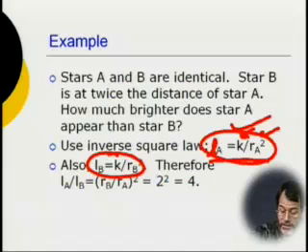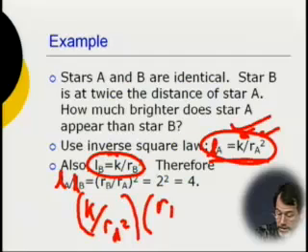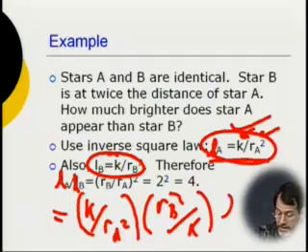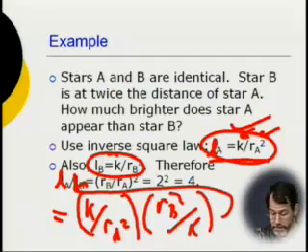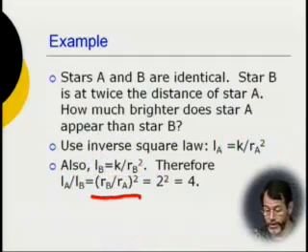So here we have the luminosity of A over the luminosity of B apparently is equal to K over R_A squared times R_B squared over K. That's the missing piece that goes in there. Then the K's, which are constant, cancel, and you're left with R_B squared over R_A squared, the distance to B squared over the distance to A squared.